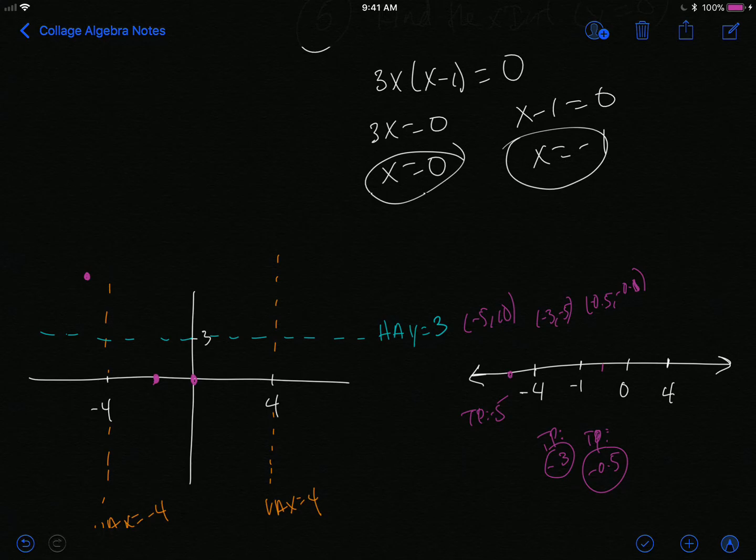And then a number between 0 and 4. Let's take 3. So a test point of 3. I plug 3 in, I get negative 2.6.